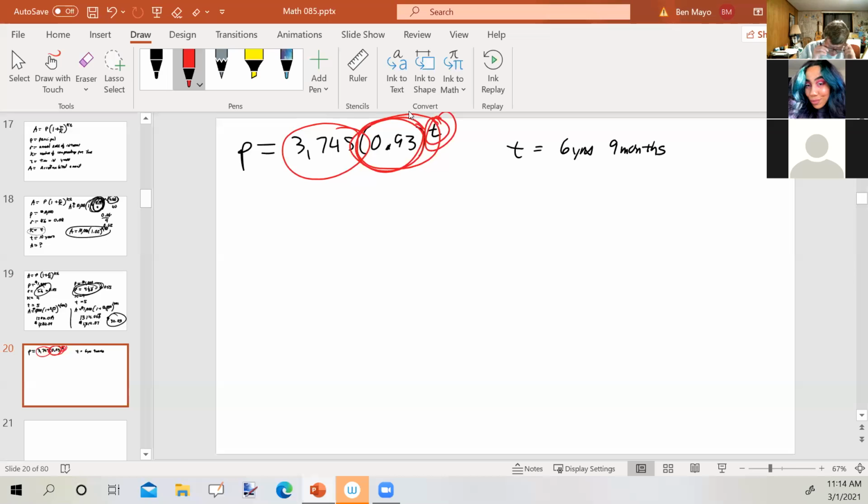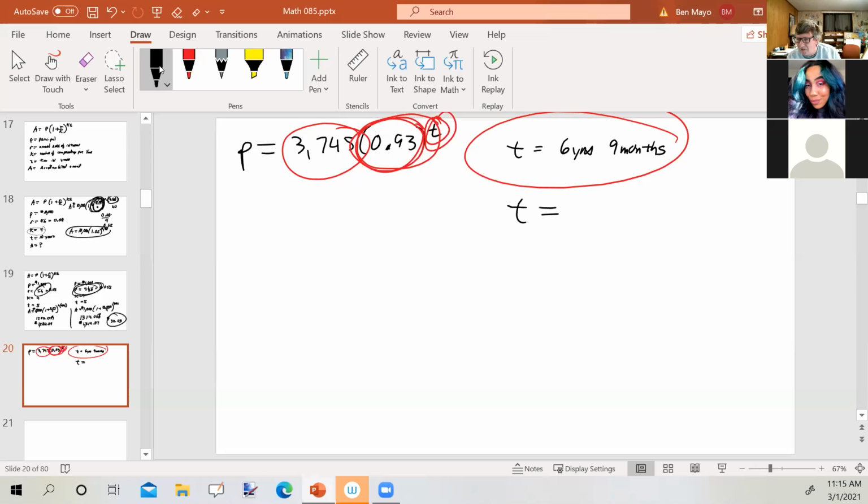All right. They want to know what the population will be 6 years and 9 months later. So be careful. How would you convert 6 years, 9 months into a single number written in terms of years? 6.75, right? Good job. Because 9 months is 9/12 of a year, 3/4 or 0.75.